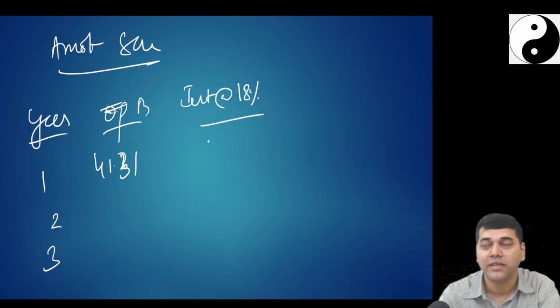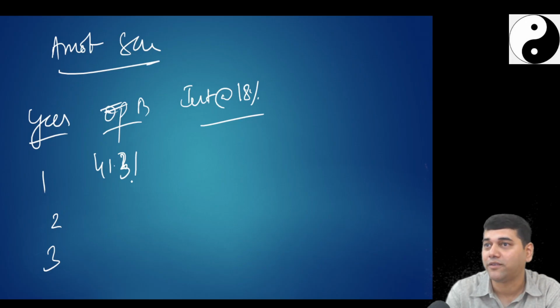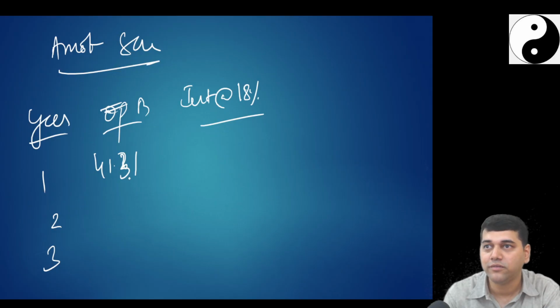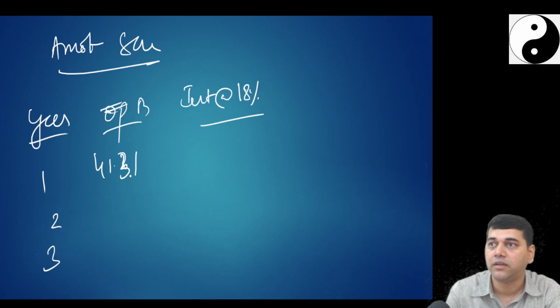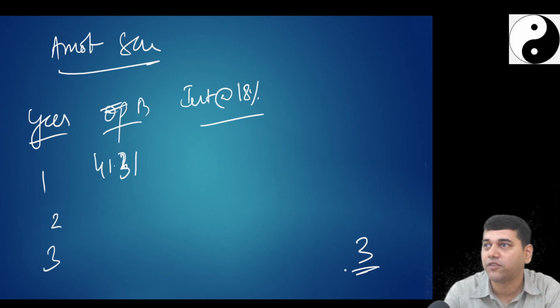Because the transaction cost got adjusted for this fair value. Is 41.31 a fair value? No. 44.31 is a fair value. That's why if you take 41.31 and amortize at 15%, then balance 3 lakh you will get here instead of nil.